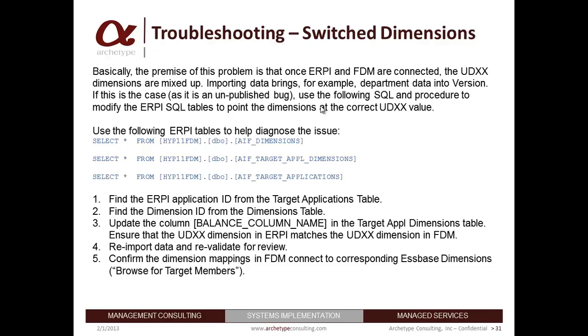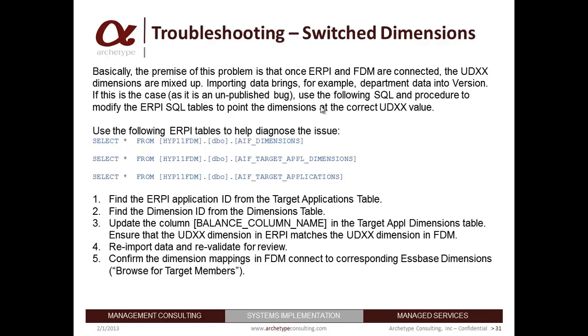I promise that would make a lot more sense when you actually are working with FDM. Another error we found, not really funny at the time but funny in hindsight, was that I was trying to connect ERPI and FDM, and I had 2 dimensions that were switched. Basically, I was somehow bringing version into department and department into version, which was really confusing. I thought it was a number of things for a while. Finally I got on the phone with Oracle support, and they said, oh, this is a bug we know about.